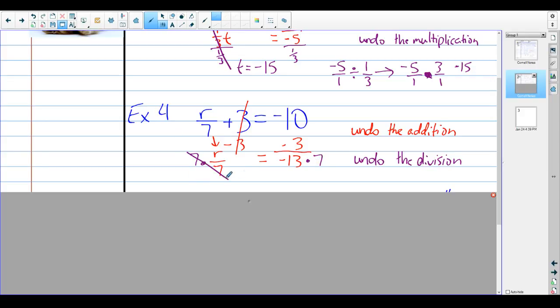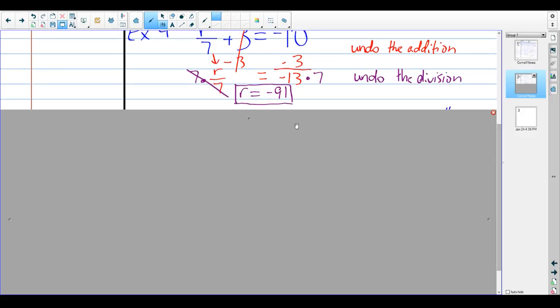This side will cancel out. We're left with R equals, and 13 times 7 is -91. Our answer. So this is really like what we've been doing the past couple days, except it's just 2 problems put together. Double the work, double the fun.